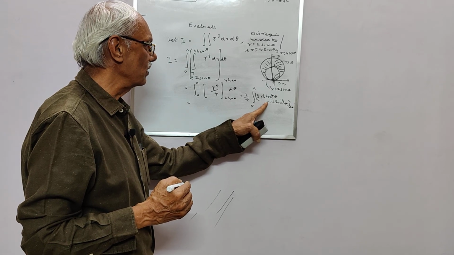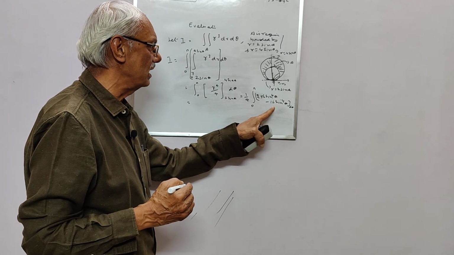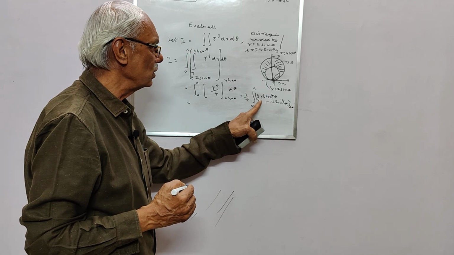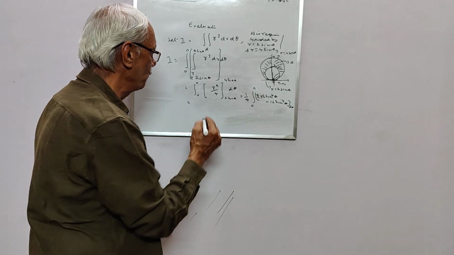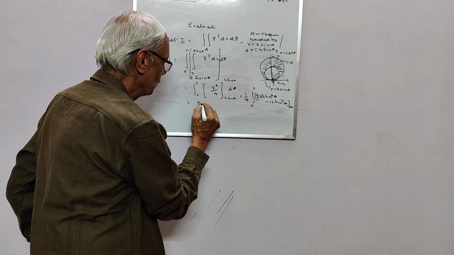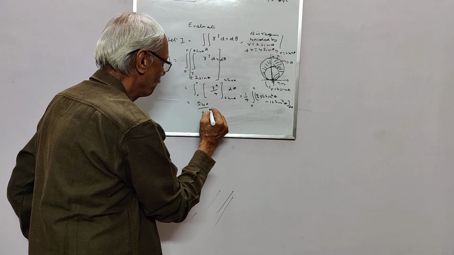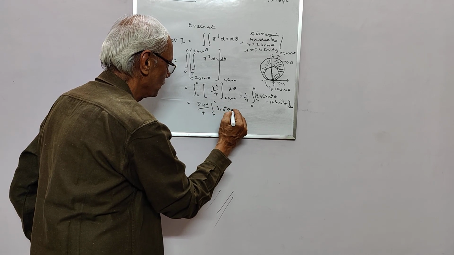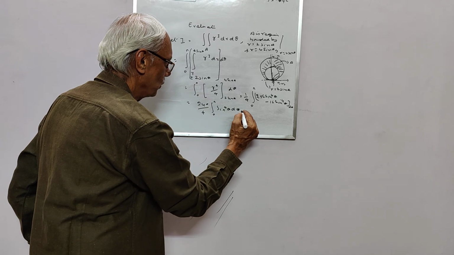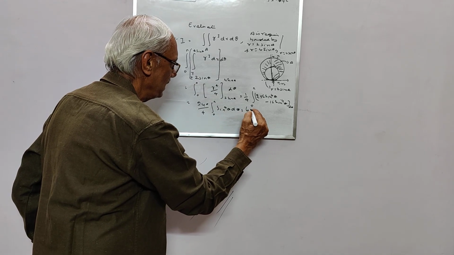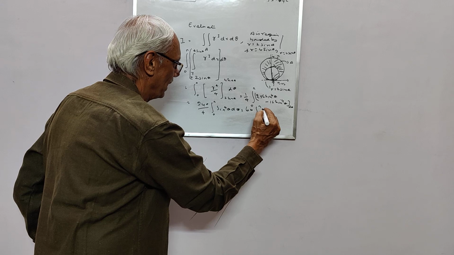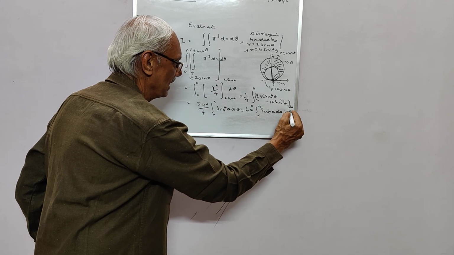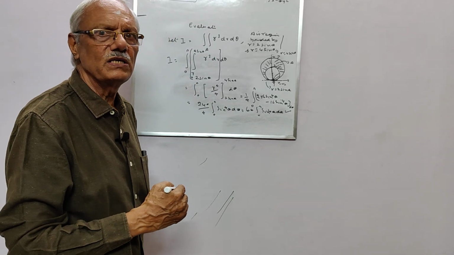For 4 sin theta whole to the power of 4, you get 256 sin to the power of 4 theta, minus 16 sin to the power of 4 theta d theta. You do the simplification here, it will be 240 divided by 4, from 0 to pi, sine to the power of 4 theta d theta. So this will be equal to 60 times the integral from 0 to pi of sine to the power of 4 theta d theta. Now this is the integral which has to be evaluated.